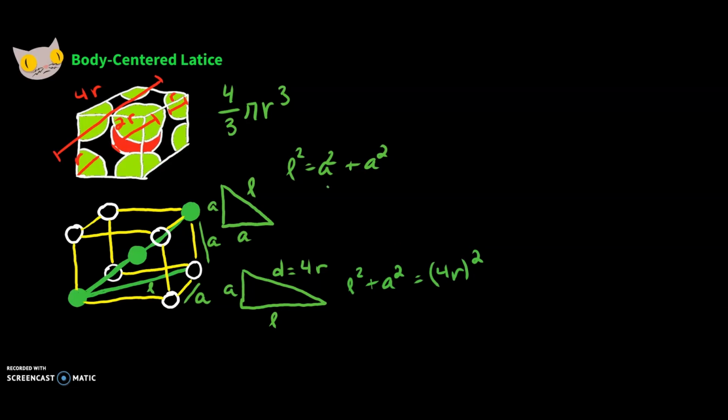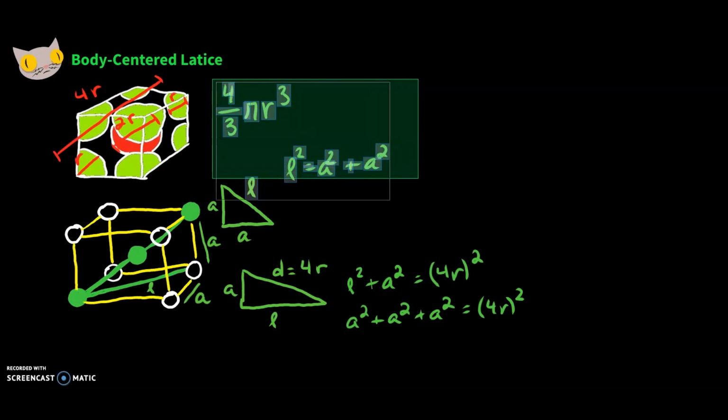So we'll replace our L value with that. We have A squared plus A squared plus A squared equals 4r squared. And let's clean this up a little bit here.